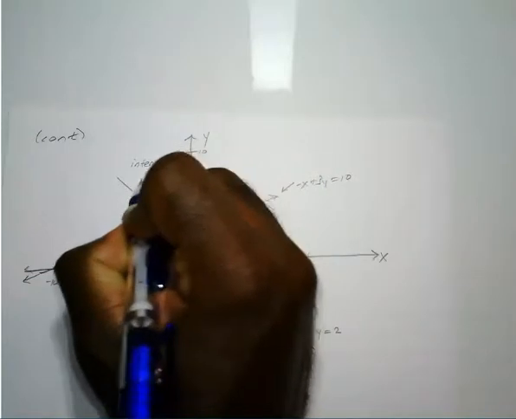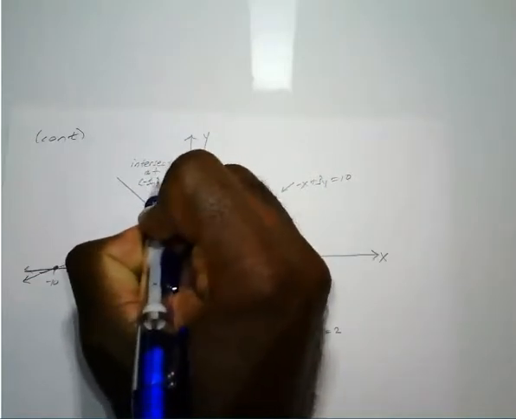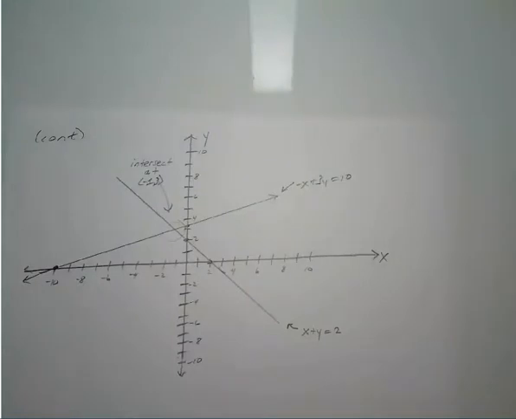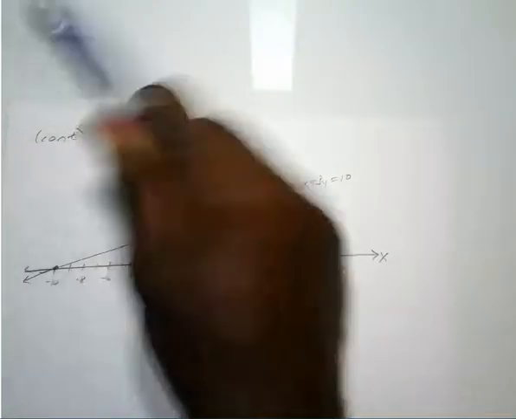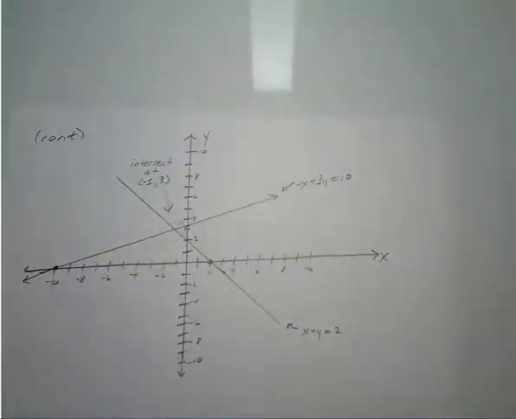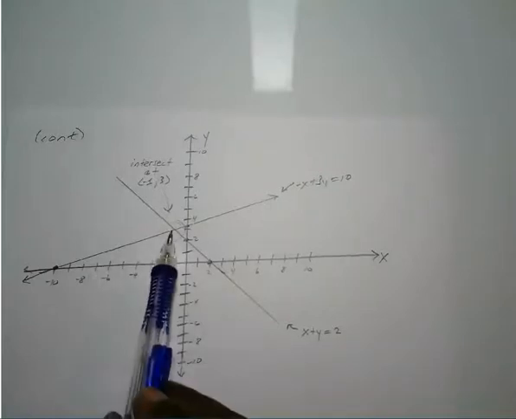Let me clean that up a little bit. So it intersects at negative 1, 3. Now we're just going to verify that negative 1, 3 is actually the solution.